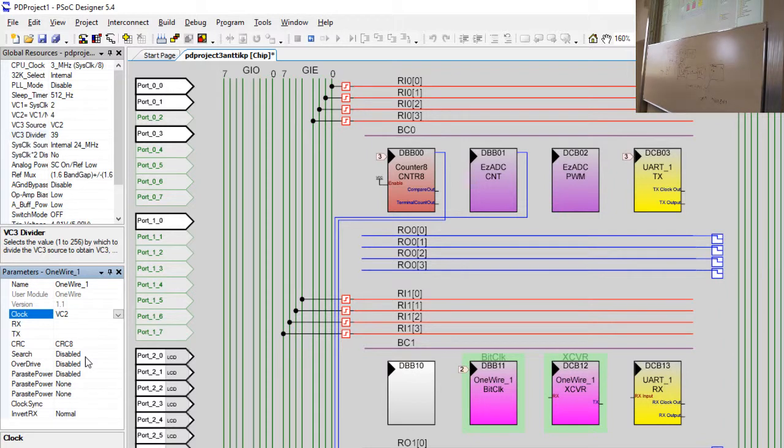So we got lucky. Okay. One wire, otherwise, well, one wire is a fixed bit rate protocol. It has only one correct bit rate.